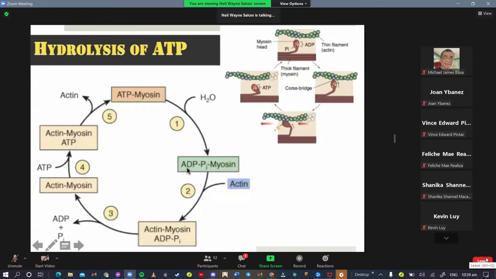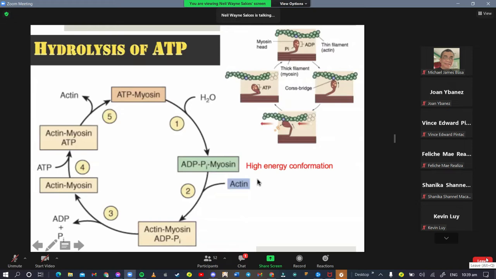However, when you have your ADP-Pi myosin complex, this has already been energized, and this is the so-called high energy configuration or conformation. Now, when contraction of the muscle is stimulated, and this is brought about via the events that involve your calcium, your troponin, your tropomyosin, your actin here becomes accessible.